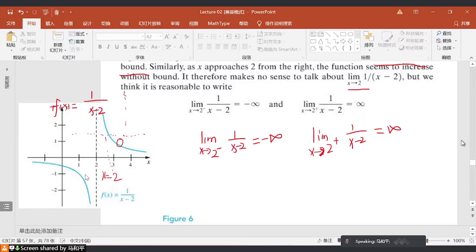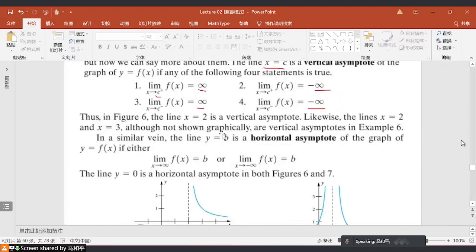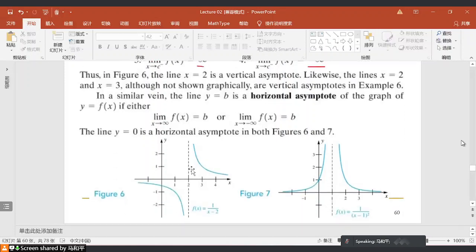From figure 6, we know the graph of f(x) is approaching this line, right? Like this. So we call x = 2 a vertical asymptote. Likewise, the lines x = 2 and x = 3, although not shown graphically, are vertical asymptotes in example 6.